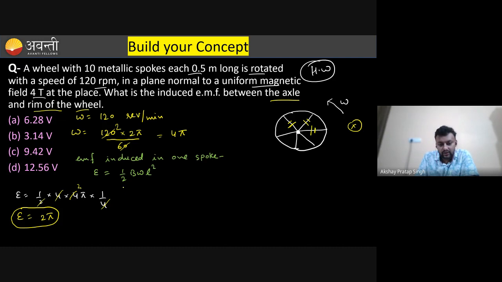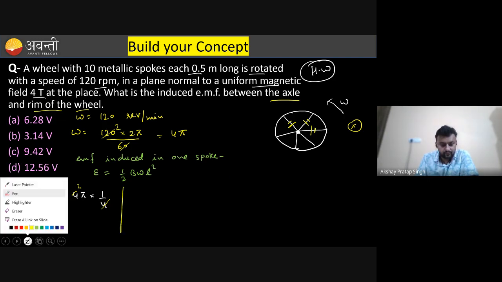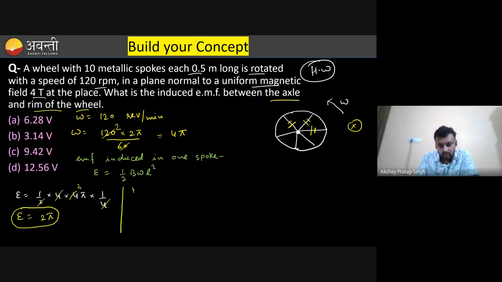So for 10 spokes, it is not going to be 10 times E. E equivalent is equal to E, because of this parallel combination.